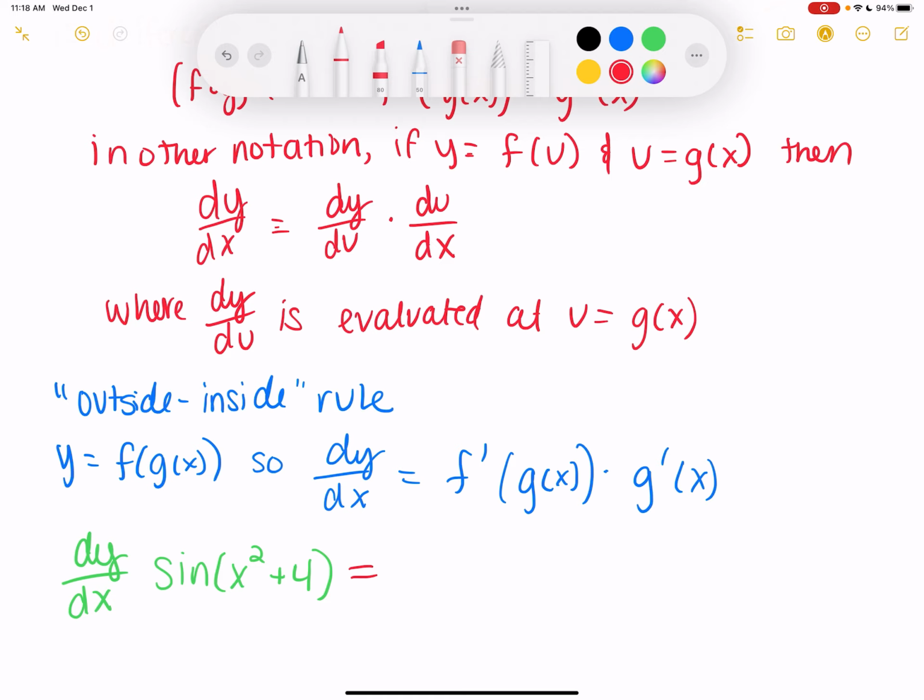The derivative of sine is cosine. So it would be cosine of, keep everything inside with it, x squared plus 4. Then times the derivative of the inside. So the derivative of x squared plus 4 is 2x. So times 2x is equal to 2x cosine of x squared plus 4.